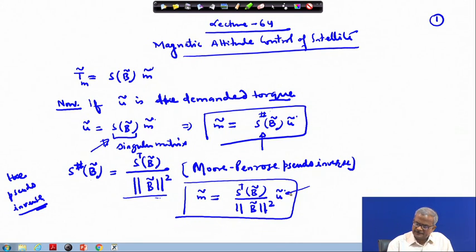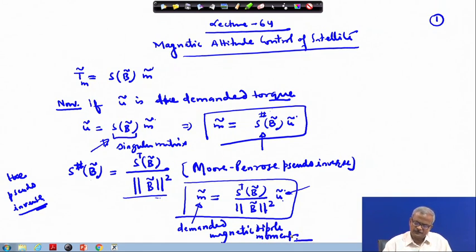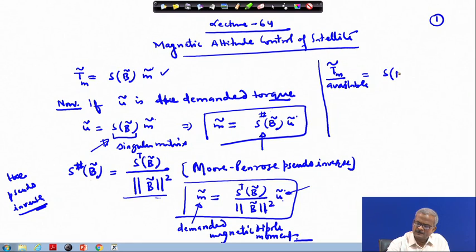So, if this is the demanded torque u, this demanded torque can be used to find the demanded magnetic dipole moment, and we can use this in this equation, but your T tilde m, this is the available torque, will be given by S b tilde times m tilde.